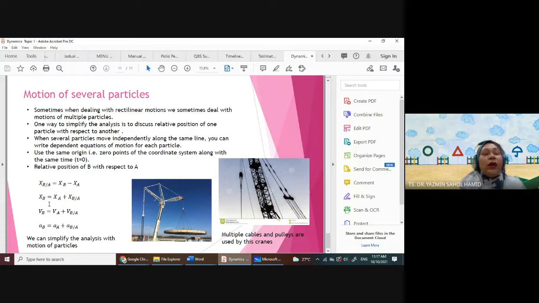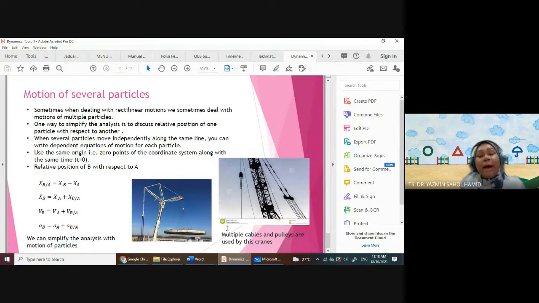When you differentiate the position, you get velocity, and if you differentiate velocity, you get acceleration, so you can use the same formula. So v_B equals v_A plus v_B/A, and a_B equals a_A plus a_B/A. This simplifies the analysis of motion of several particles.